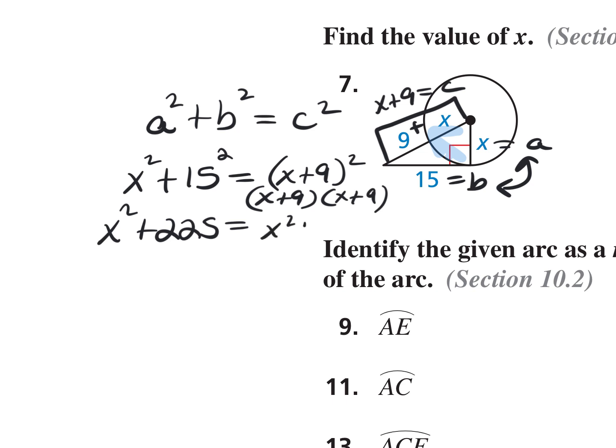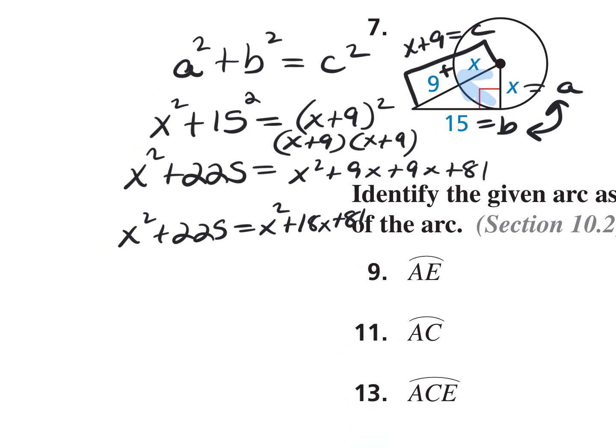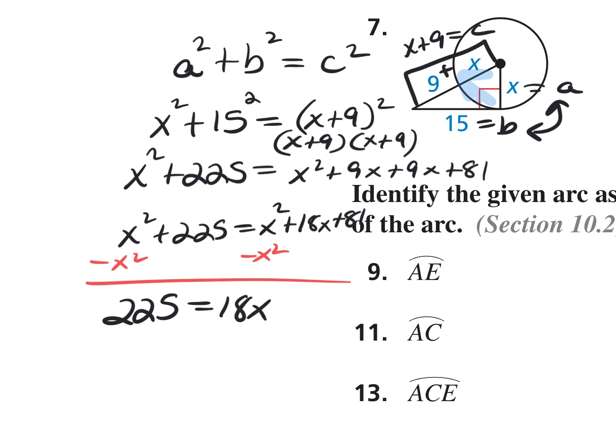So I get x squared plus 9x plus 9x plus 81. Once I combine my middle terms, I get 18x plus 81. I now need to get my like terms together. So what I could do is subtract x squared from both sides. And now I'm left with 225 is equal to 18x plus 81.